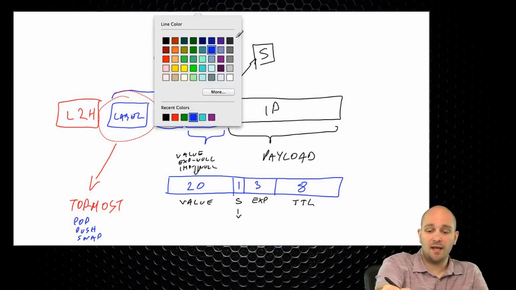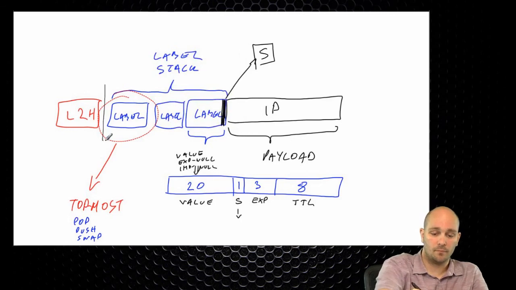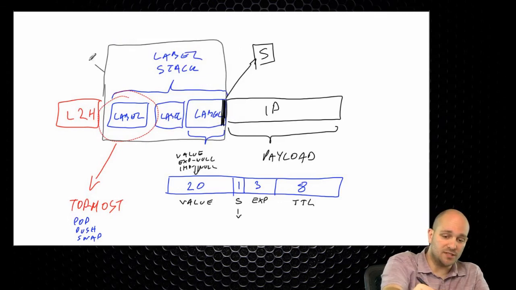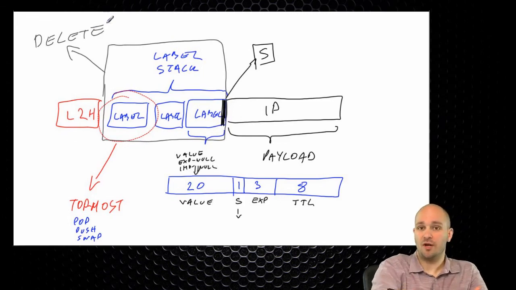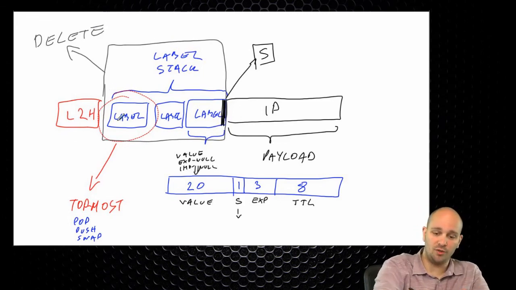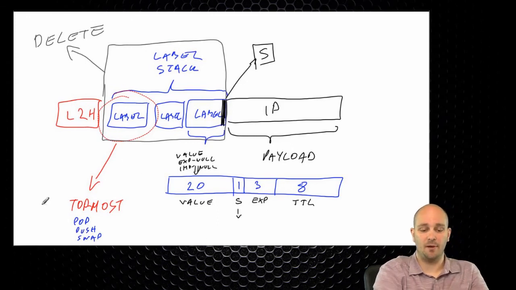But if we had a delete operation here, the delete operation would work on this whole stack. So if the router was instructed to delete the label, it would remove all these labels. But pop operation will just pop this one. Push operation would just add the label to the stack, and swap operation would just take this label and put the new one in, with these two here being completely intact.